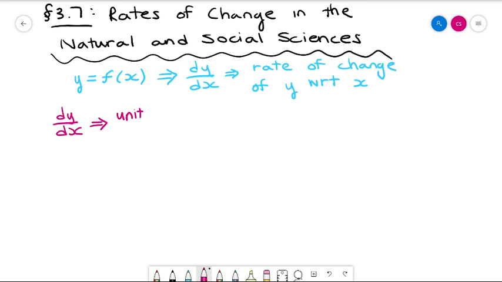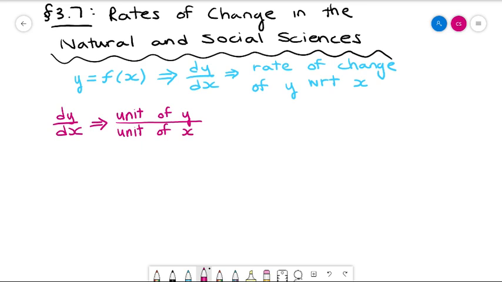So when we're finding the units of the derivative, we're going to be looking at the unit of y per the unit of x, or over the unit of x. This is going to be helpful when we're stating our solution in this section.